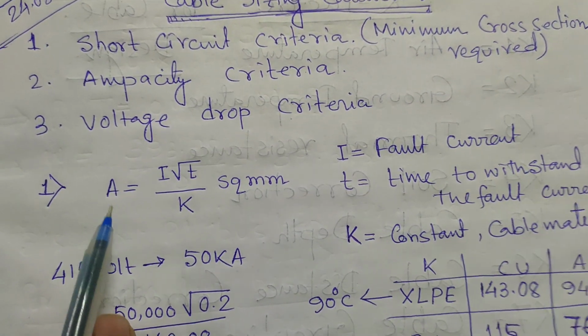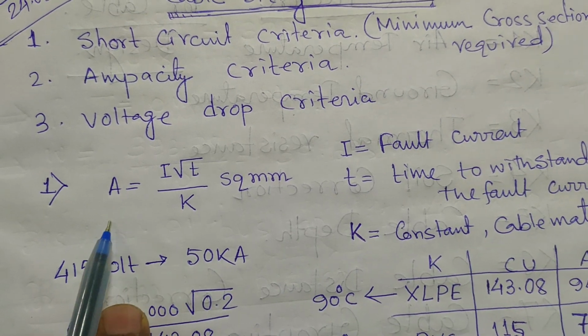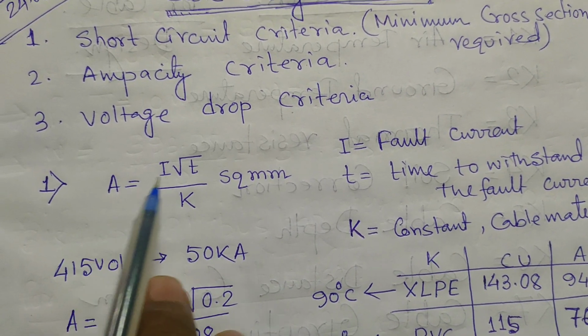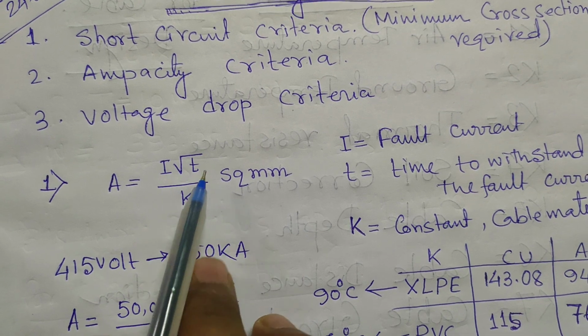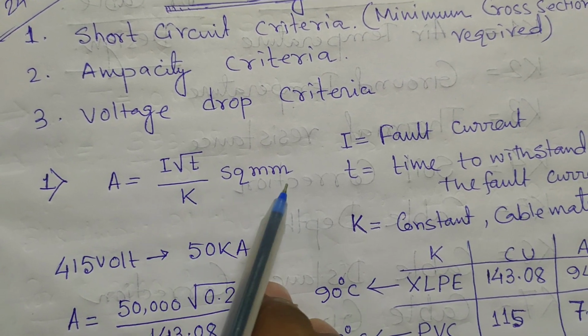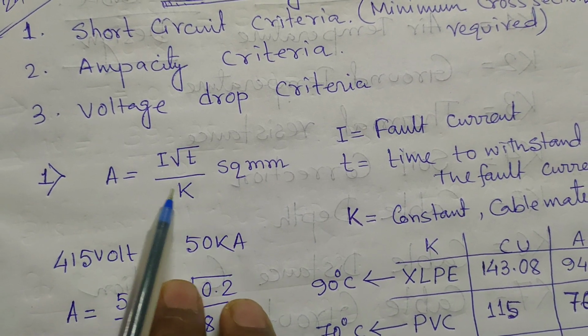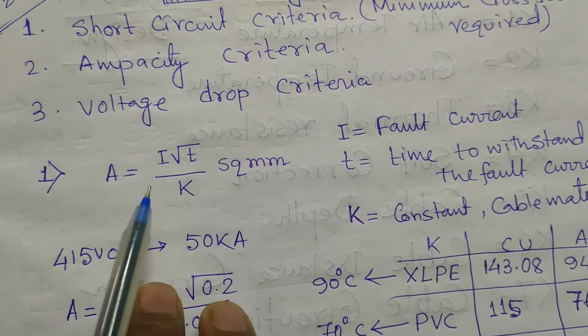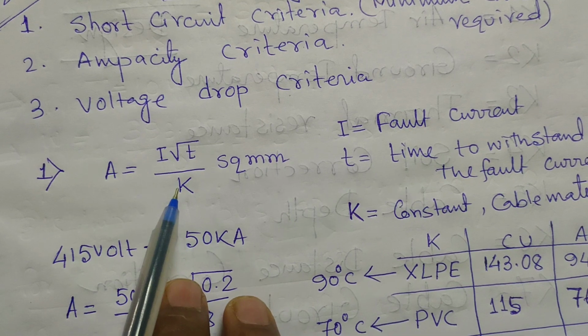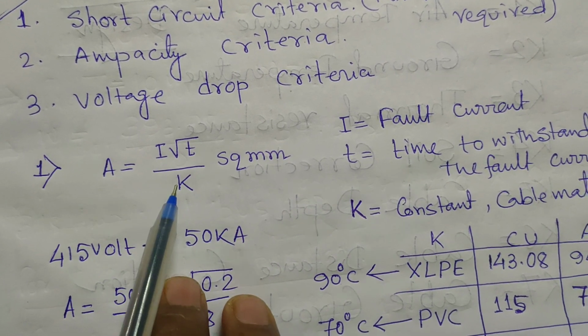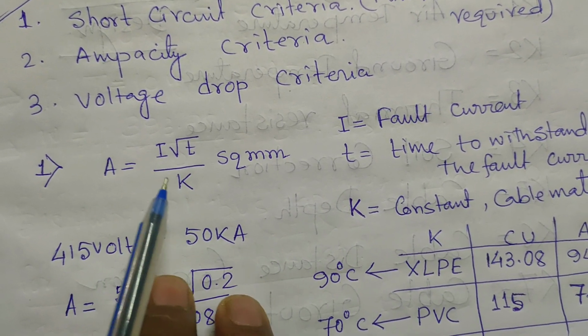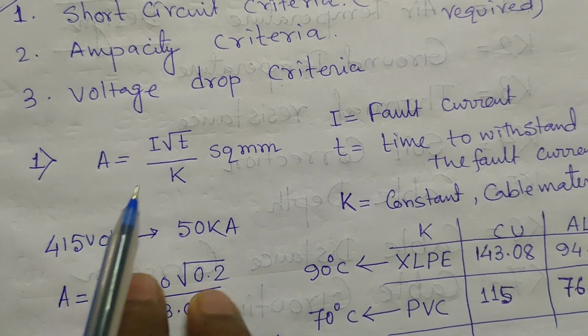What is A? A is the cross sectional area. A equals I root T by K square mm. With the help of this formula we can easily calculate the cross sectional area of the cable that is being used for any particular purpose. What is I?